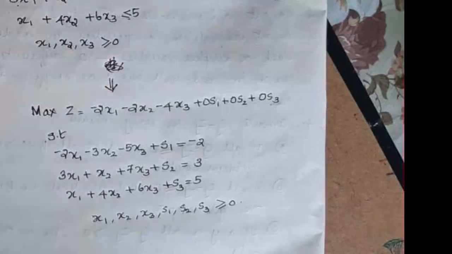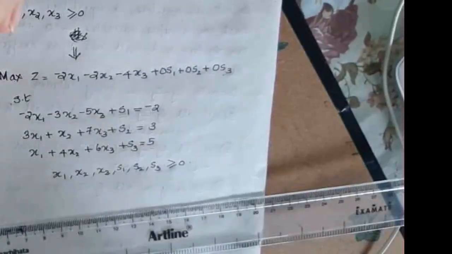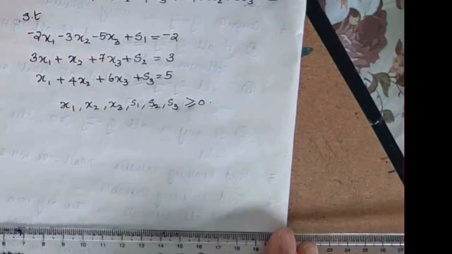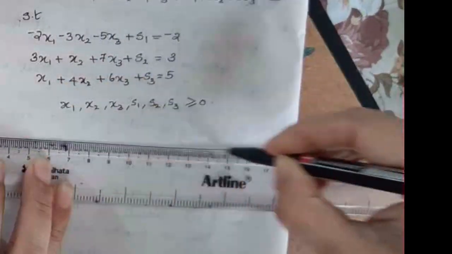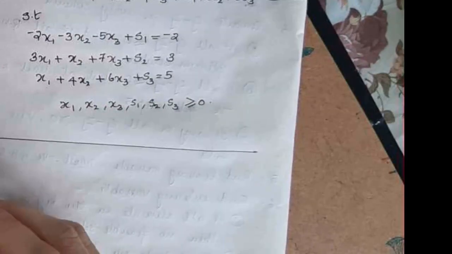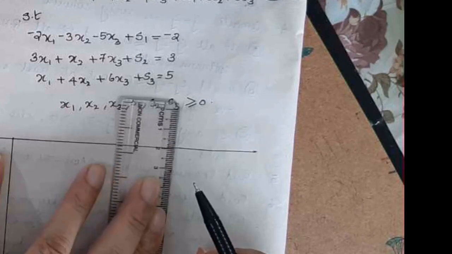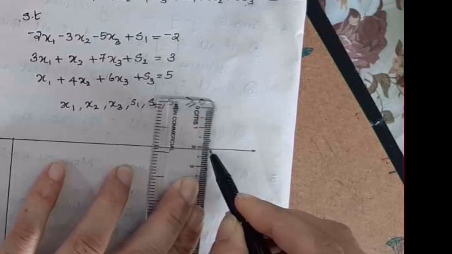Now we will draw the first table to do the method. x1, x2, x3, s1, s2, s3.